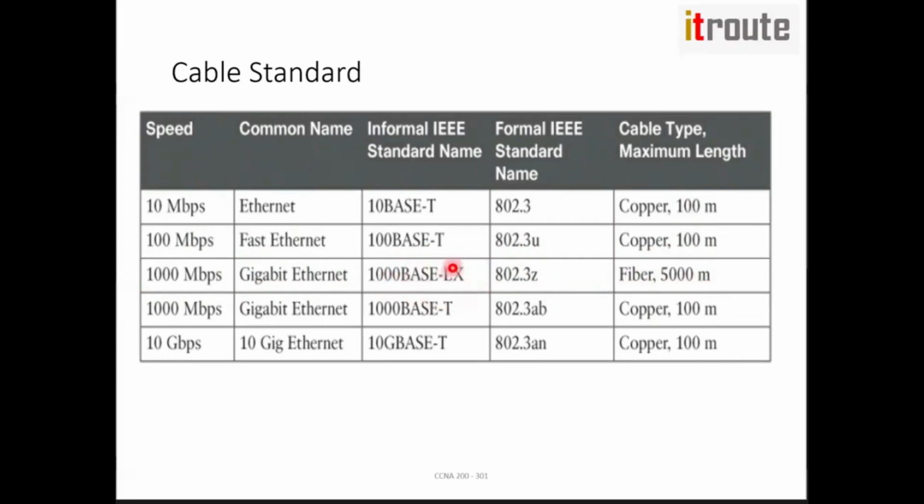With different standards of fiber cable, you can run up to 1 kilometer, 10 kilometers, 50 kilometers, like that as well. At the same speed, if you have a normal Ethernet copper cable, you can run up to 100 meters. 10 Gbps, 10 Gig Ethernet, we can run up to 100 meters.